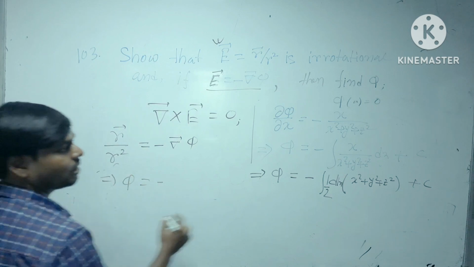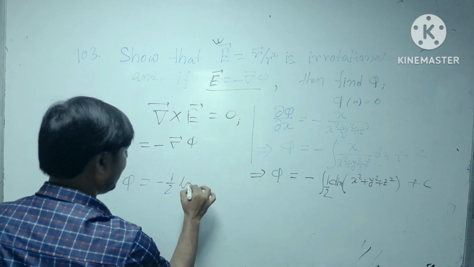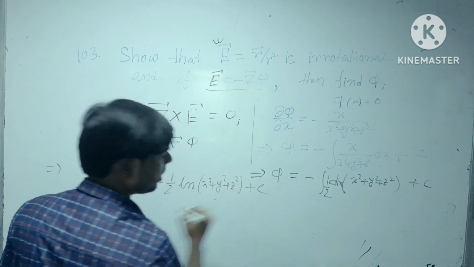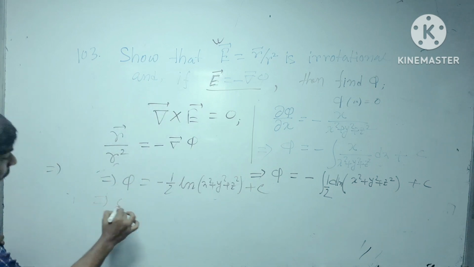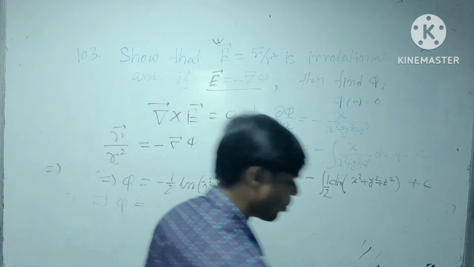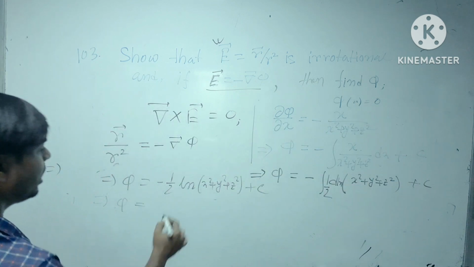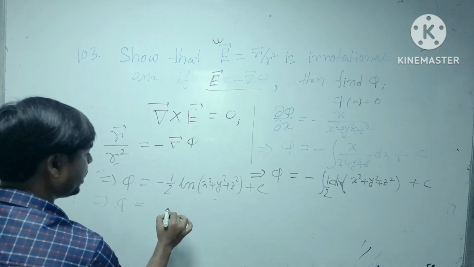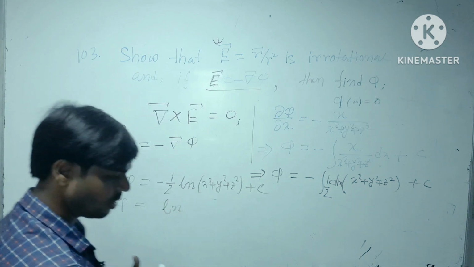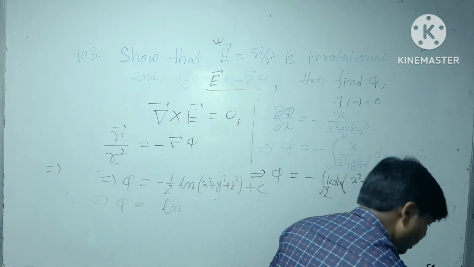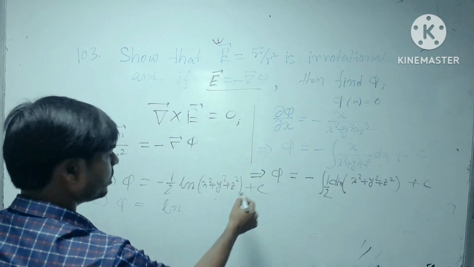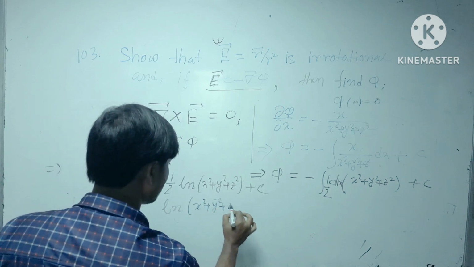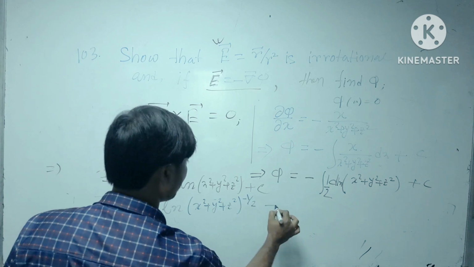Okay, now phi is equal to minus, it is nothing but half ln x square plus y square plus z square plus c. Okay, so phi is equal to, if I take this minus up here, okay, so it is ln, x square plus y square plus z square whole to the power minus half plus c.